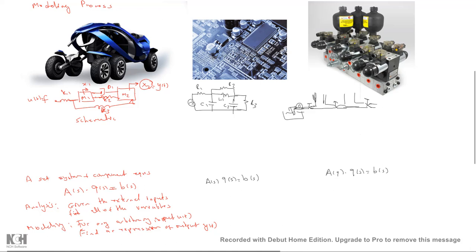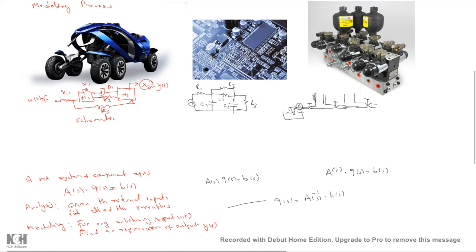Let's make this A of S times Q of S, and we do the analysis. If you find out what the Q of S is, it is A of S inverse times B of S operation.